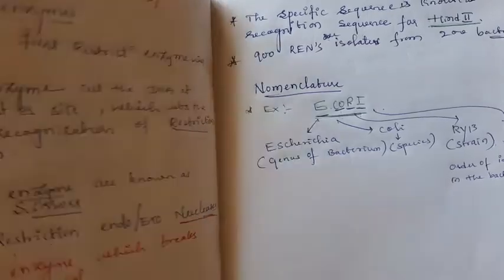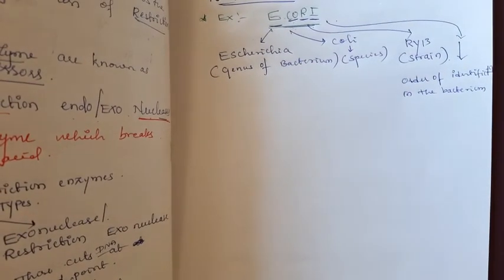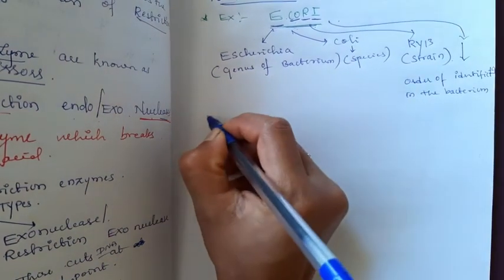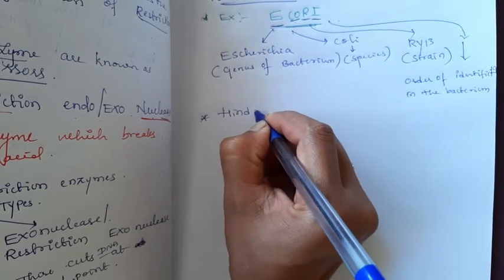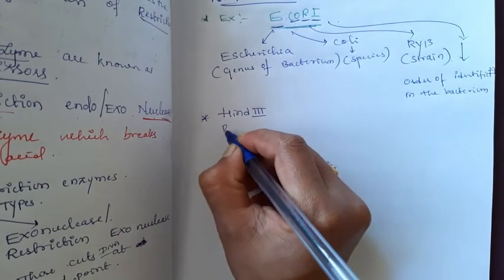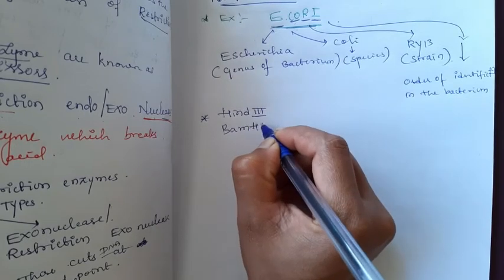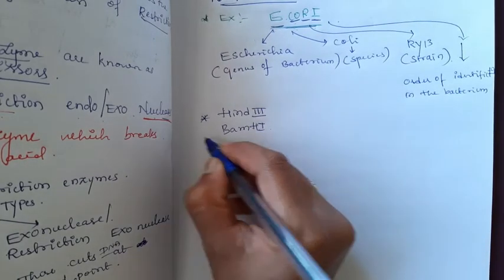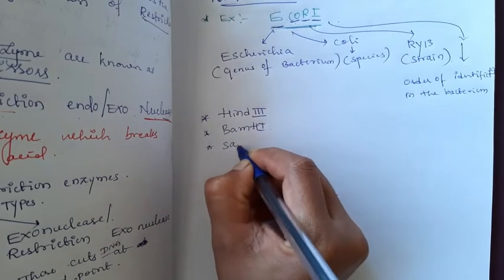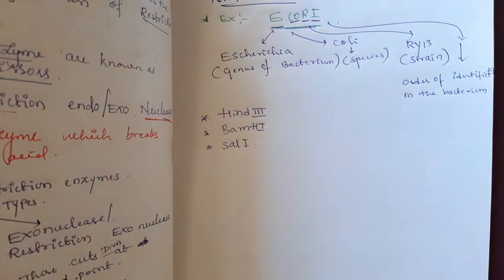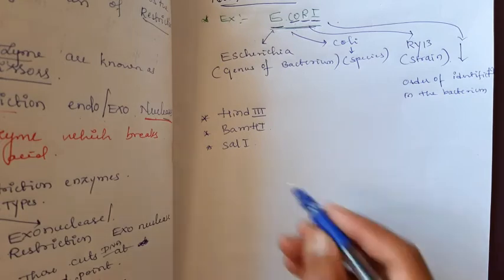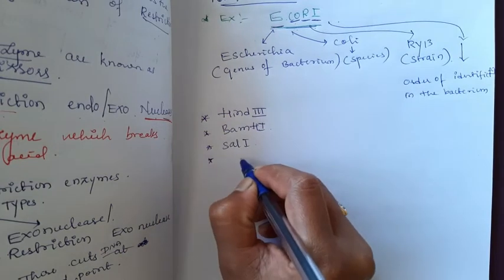Here I will give some examples of restriction enzymes: EcoRI, which we already discussed, HindIII, BamHI, SalI.